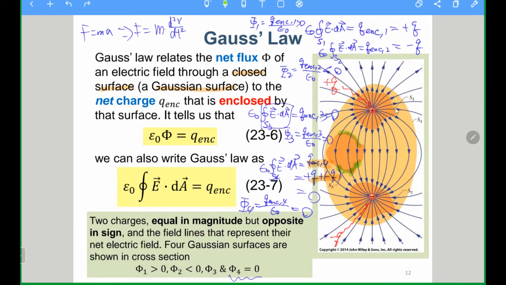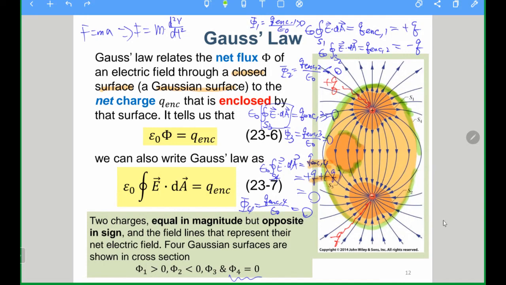And similar for S4. For S4, you can see this part up to here are all flowing out. These are flowing in. You can see this arrow flowing in.